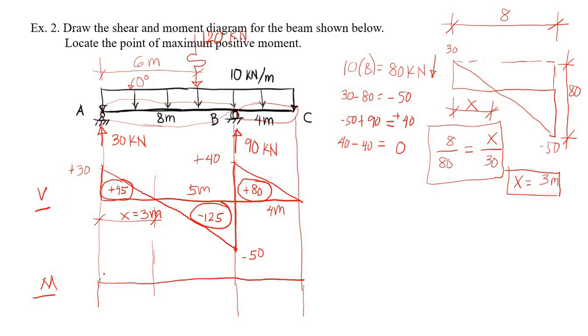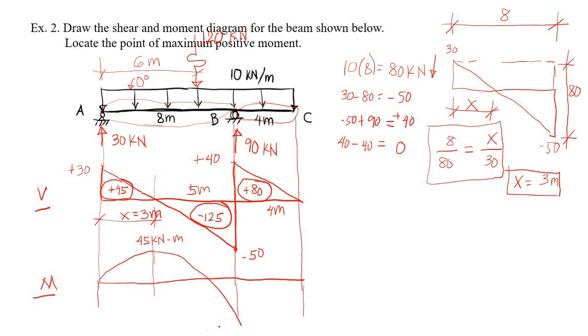And our curve should be this curve, since the intensity of the shear is decreasing. Therefore, the intensity of our slope for the moment diagram is also decreasing. This is 45 kilonewton meter. 45 minus 125 is equal to negative 80. And the intensity is increasing, and since this is negative, we have downward direction and increasing intensity.